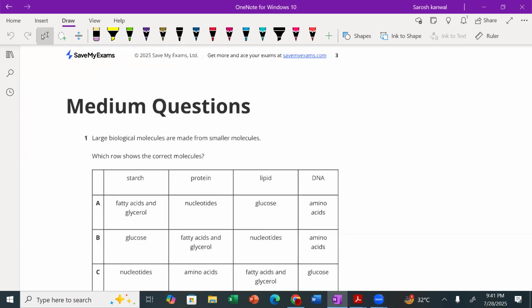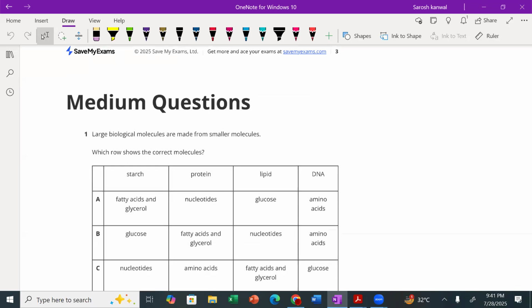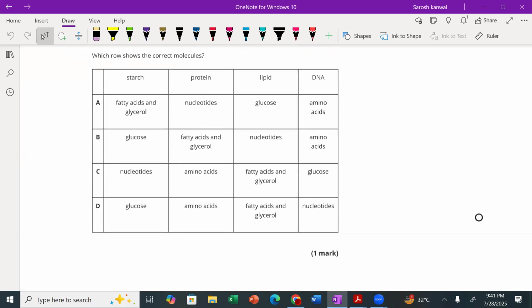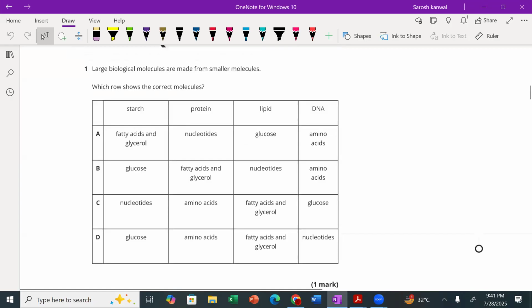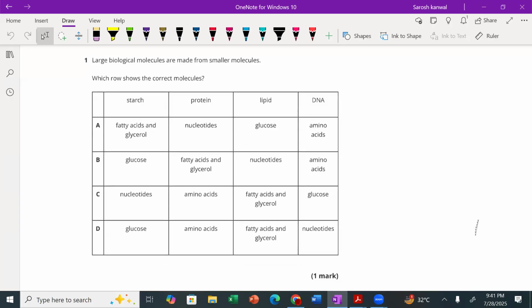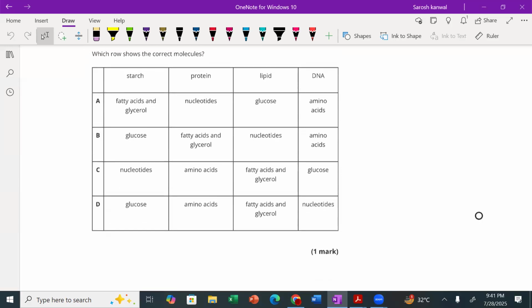Okay, the first question is for Laiba. Large biological molecules are made from smaller molecules. Which row shows the correct molecules? Laiba, can you solve this question?